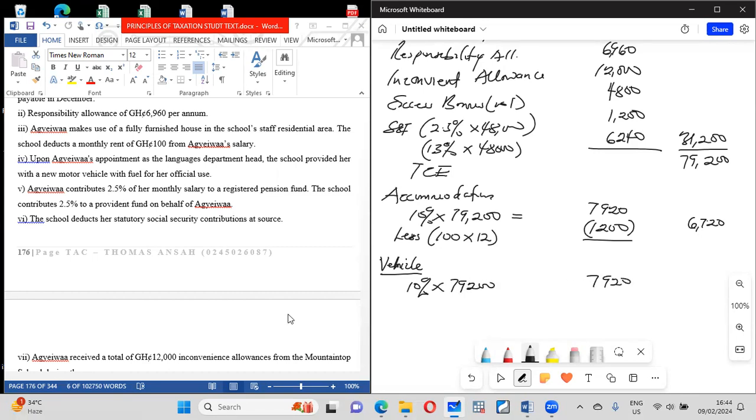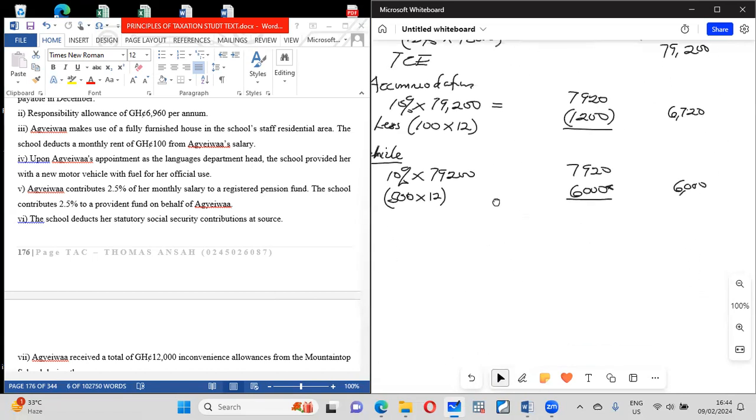But which year are we doing this for? It is 2020, and as at then it was 500 for the two per month. If we multiply 500 by 12, that gives me 6,000, which means I have to pick the lower. So it's the 6,000 that I will add here. All right, so that is that.